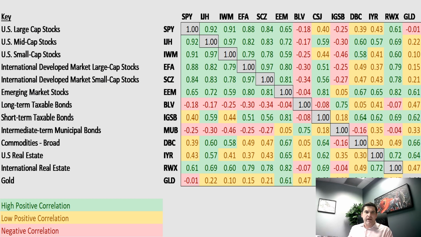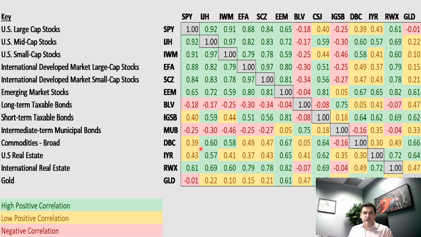But let's look at, let's say, commodities. A broad commodities index, which is DBC, versus IJH, which is large cap stocks. We can see here that they have a correlation of 0.60. So 60% of the time, commodities are going to move in the same direction as large cap stocks.